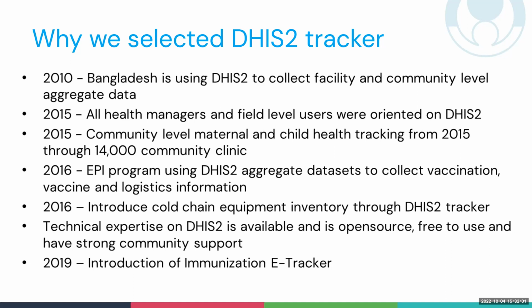From 2016, the EPI program has been using the DHIS2 aggregate data system to collect EPI routine data and also vaccine and logistics information. EPI also introduced the cold chain equipment inventory through the DHIS2 tracker from 2016. We have in-country technical expertise available on DHIS2. And then in 2019, we introduced the Immunization E-tracker. Next, please.